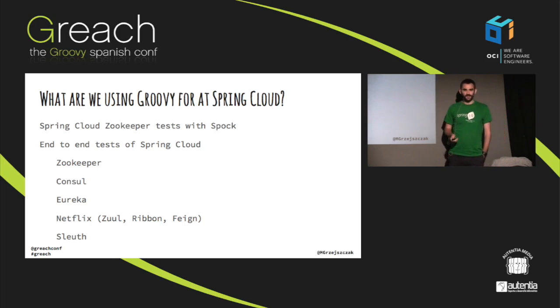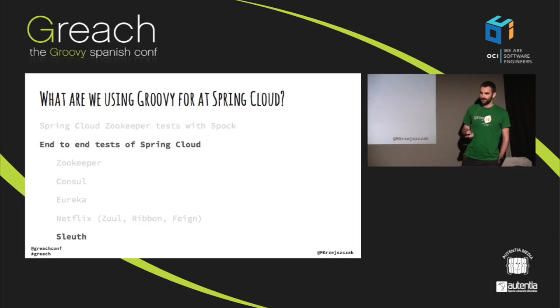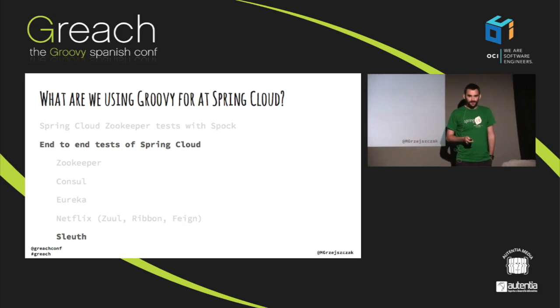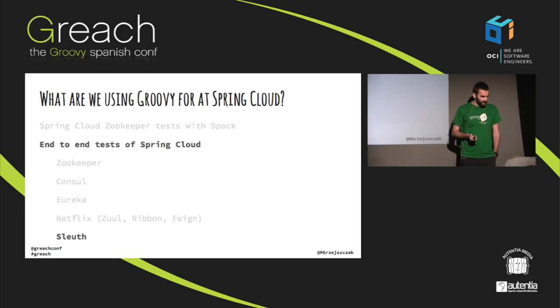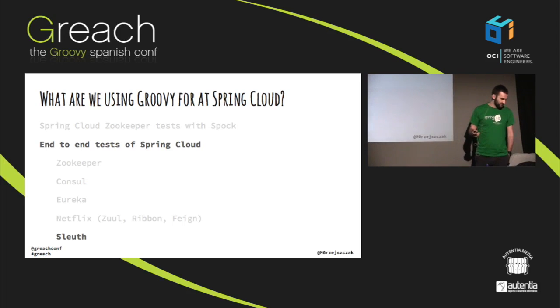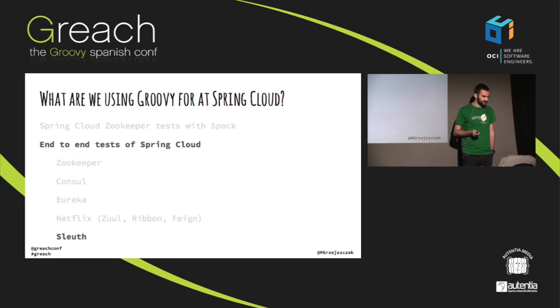Then I'm going to tell you why I chose Gradle for the test that we're doing, and why it was the best choice in order to test our stuff. And then I'm going to show you how we're running tests with Spock, how we're building reports. And if the demo gods and my pointer allow me, I'm going to show you the demo of whatever I'm going to show you on the slides.